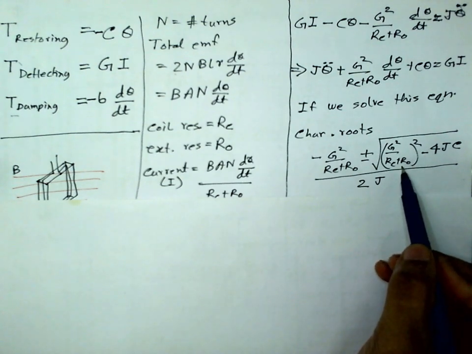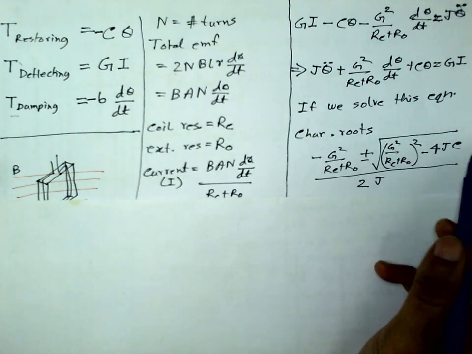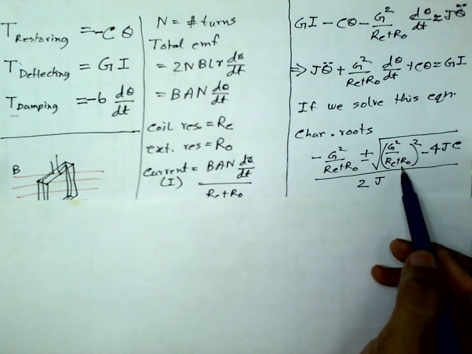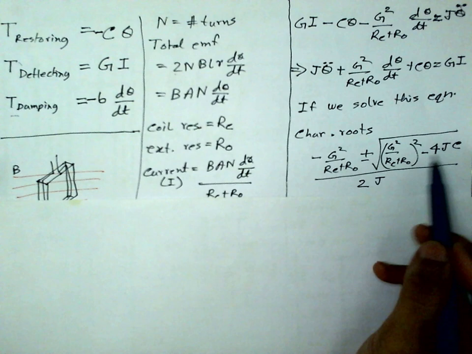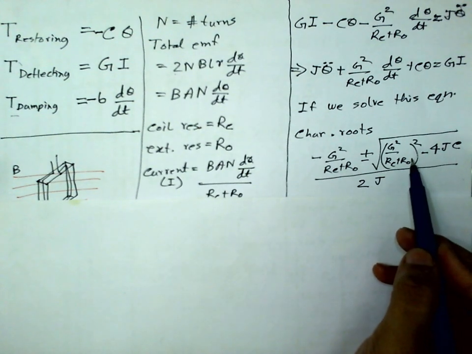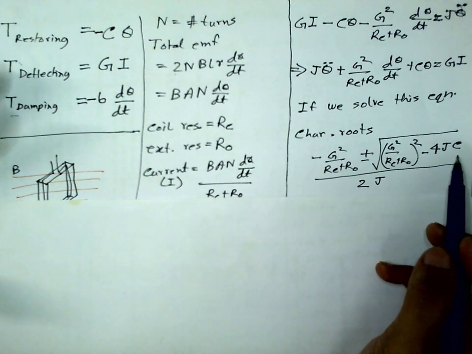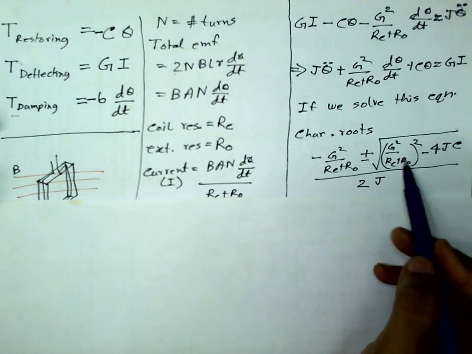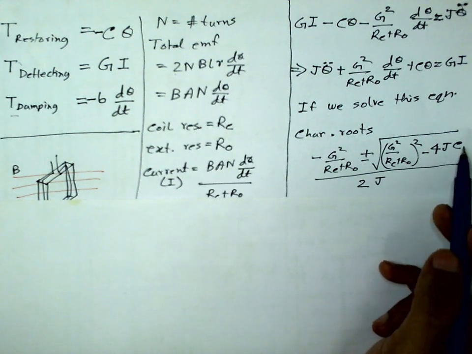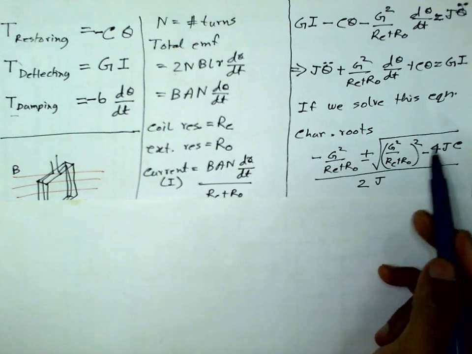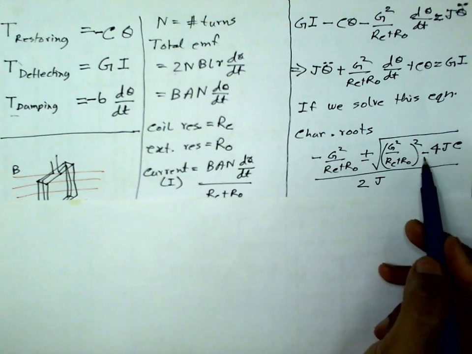If external resistance is high, then this term is negative, and if it is negative, then oscillation occurs. If it is positive, then oscillation doesn't occur. At some value of this external resistance, this is just 0. Okay, so that's the point between the situation of oscillation and no oscillation. That particular value of the resistance, we'll call the critical resistance or boundary resistance. So if you increase the resistance slightly, then it will oscillate. If you decrease the resistance slightly from that value, it will not oscillate.